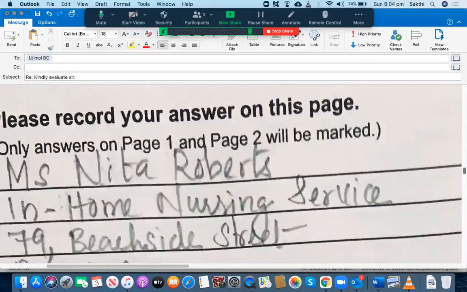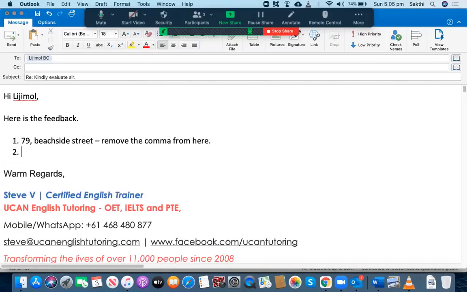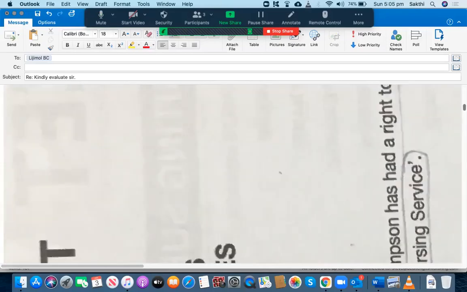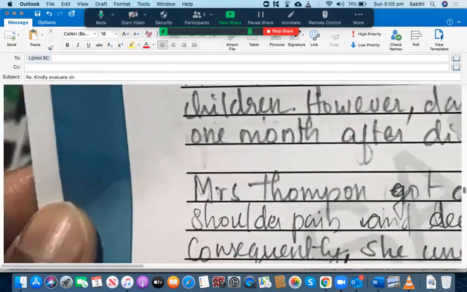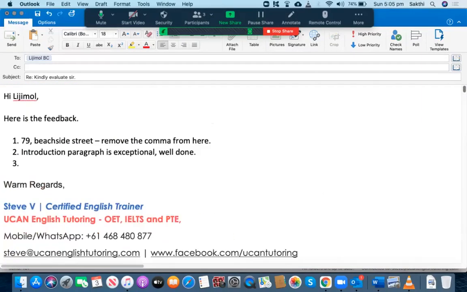Writing to request. The introduction paragraph is perfect. I'm happy with that. The introduction paragraph is exceptional. Okay, well done. And the first supporting paragraph, for the social thing, you should have included the main idea sentence.